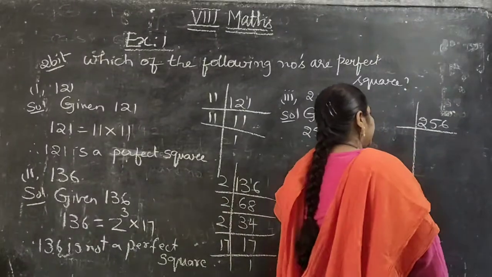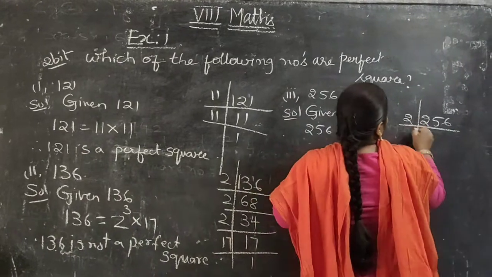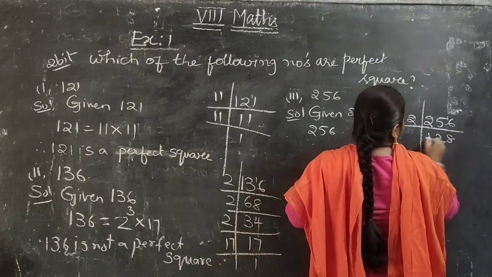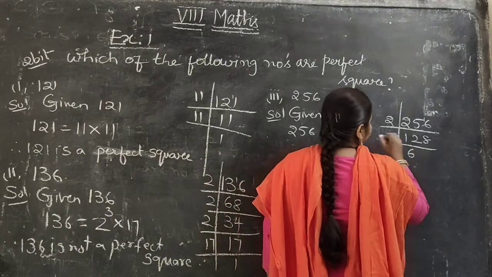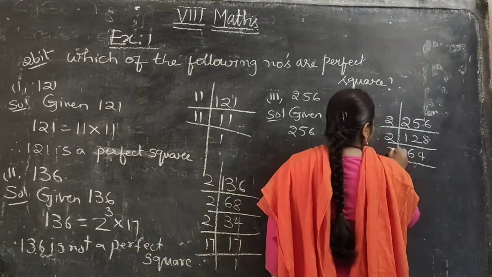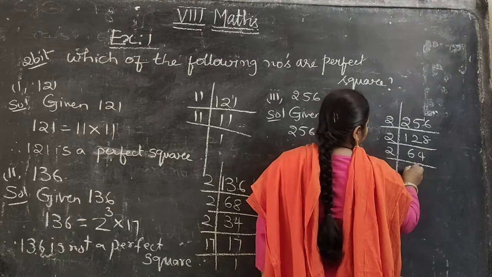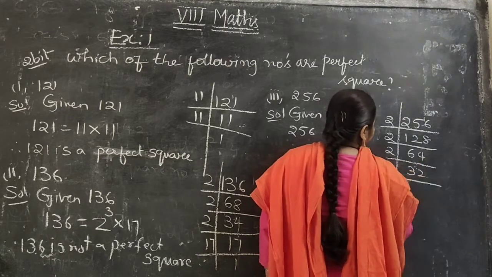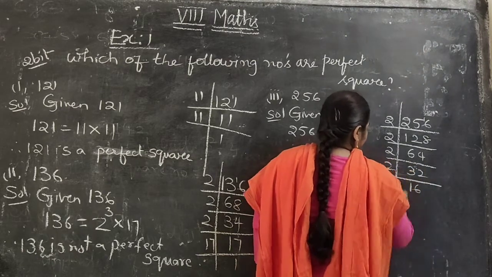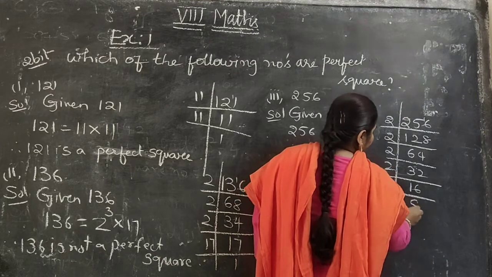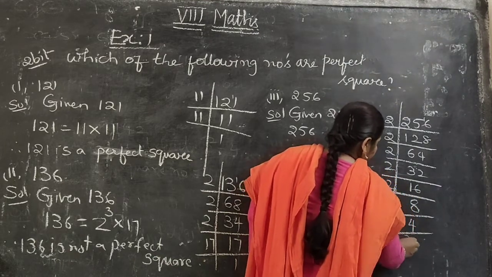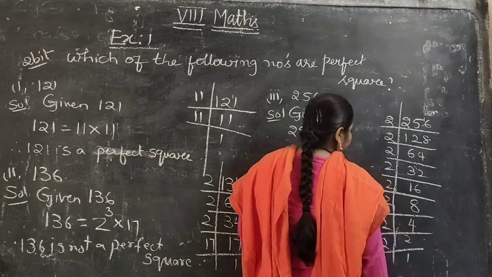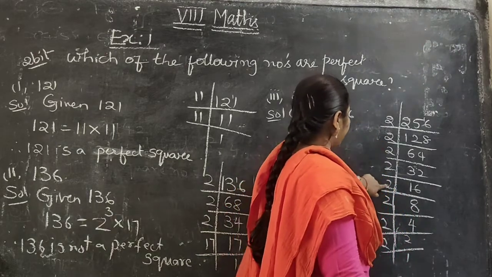In the 2 table we can see 2 1s are 2, 2 2s are 4, up to 2 128s are 256. How many 2s did you get? 1 2 3 4 5 6 7 8.